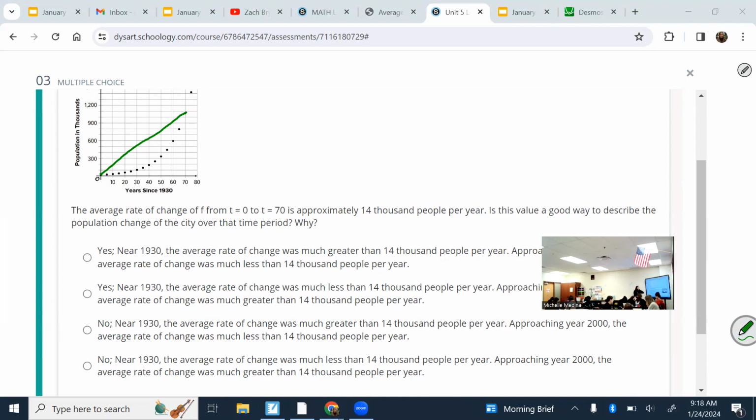The average rate of change was much greater than 14,000 people per year. Or the average rate of change was much less than 14,000 per year. Approaching the year 2000, which was 70 years after 1930, the average rate of change was much greater than 14,000 per year.